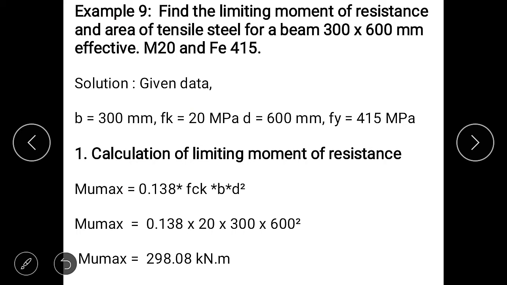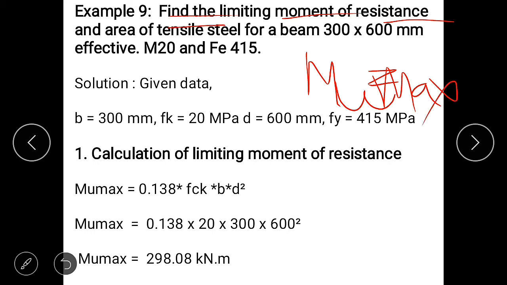Okay, now we take another example, example number 9. Find limiting moment of resistance. Find limiting moment of resistance means we have to find Mu, the limiting moment, which we also call Mu max.